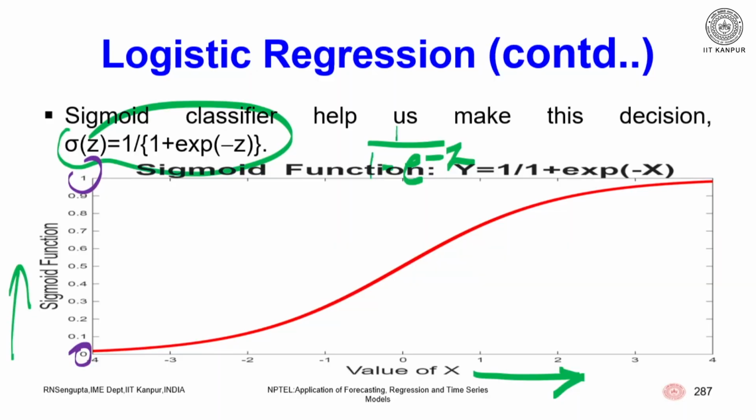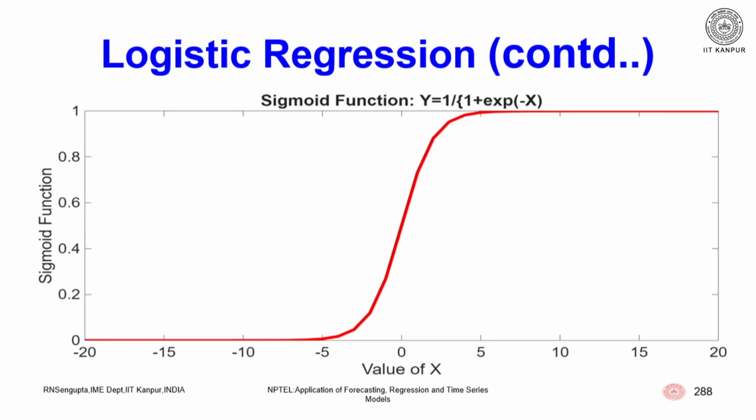If I take the value of x from minus 20 to plus 20, you see now it turns out to be not a flat S, but more of a stark S. I will plot it with the green color. So, do not concentrate on the domain of x.